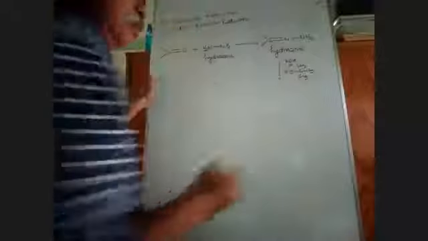Then we treat it with potassium hydroxide. In exam, you need not write potassium tertiary butoxide. Now, what solvent we are going to use? Ethylene glycol. Why? Because it requires a lot of temperature, very high temperature.